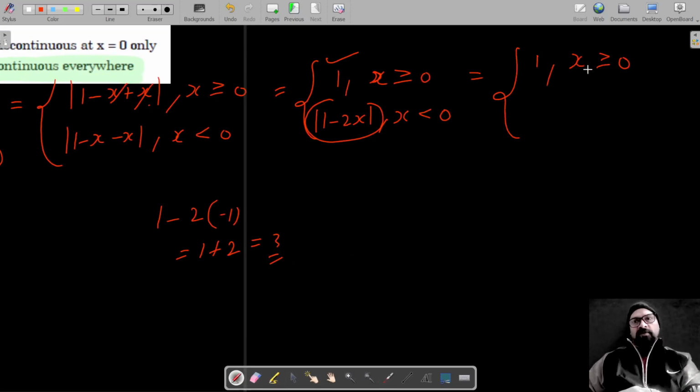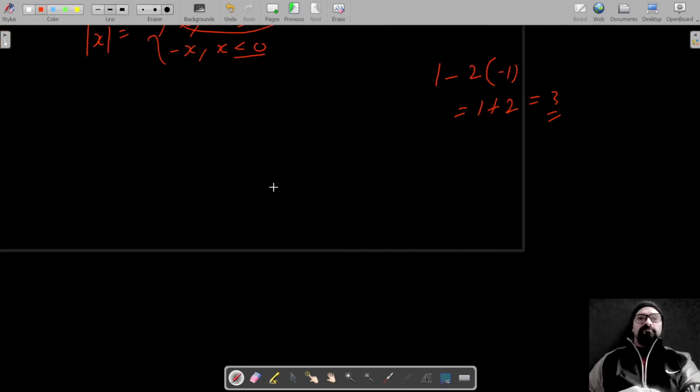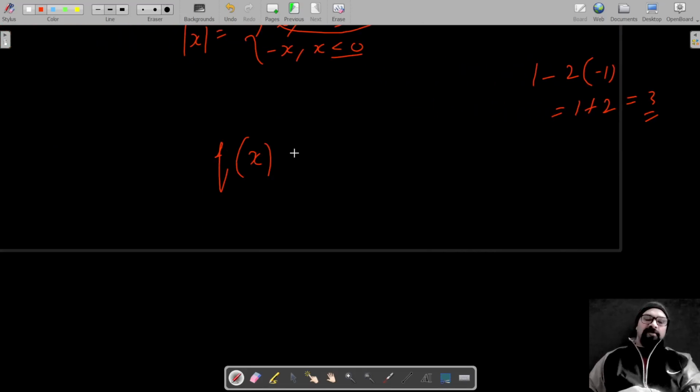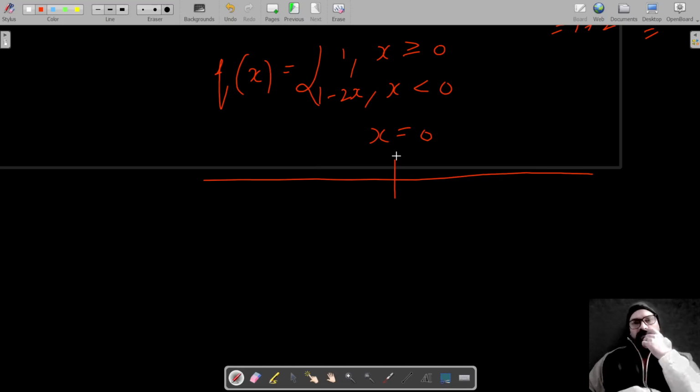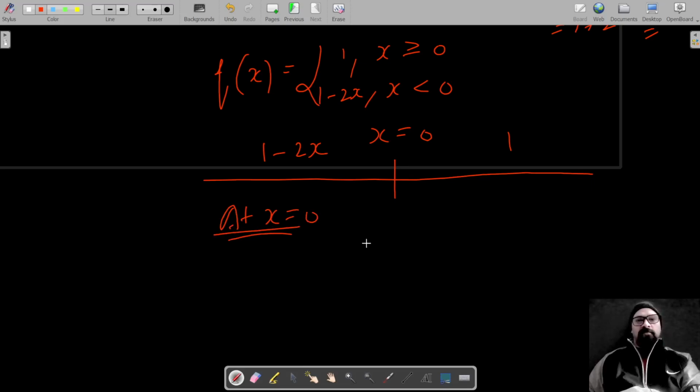First one is when x is greater than or equal to 0, its value is 1, and it's 1 minus 2x when x is less than 0. And we have to check the continuity of this function at x is equal to 0.